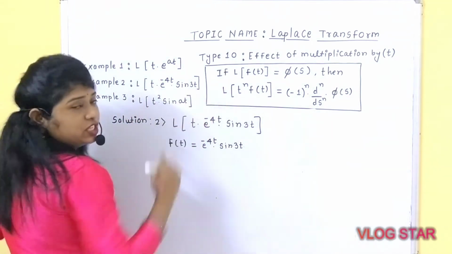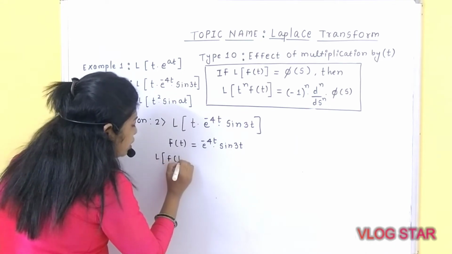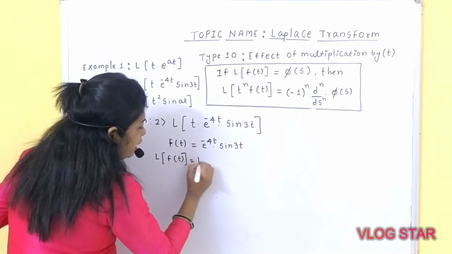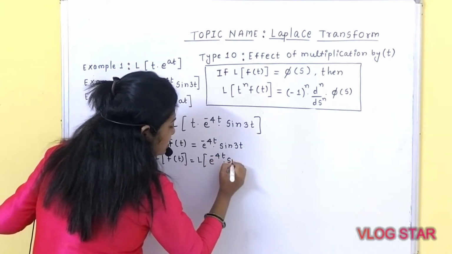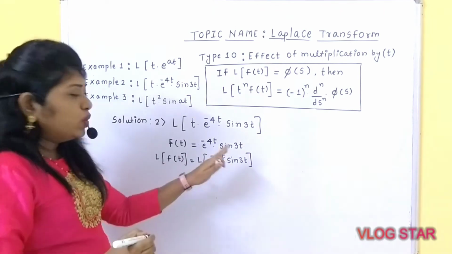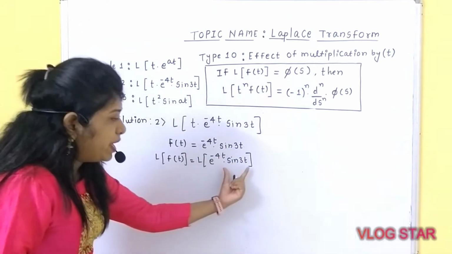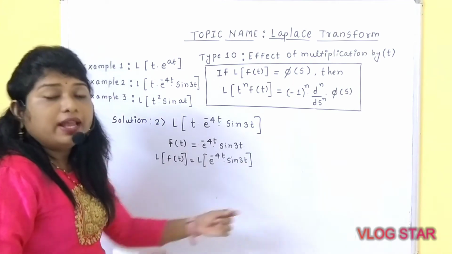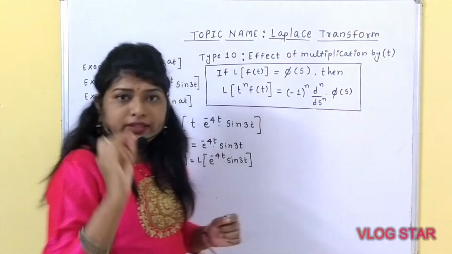So the first procedure is we have to calculate Laplace of f of t. If you remember how you are going to calculate Laplace of e raised to minus 4t into sine 3t, first we have to take the Laplace of this particular function, and then you have to use first shifting theorem.